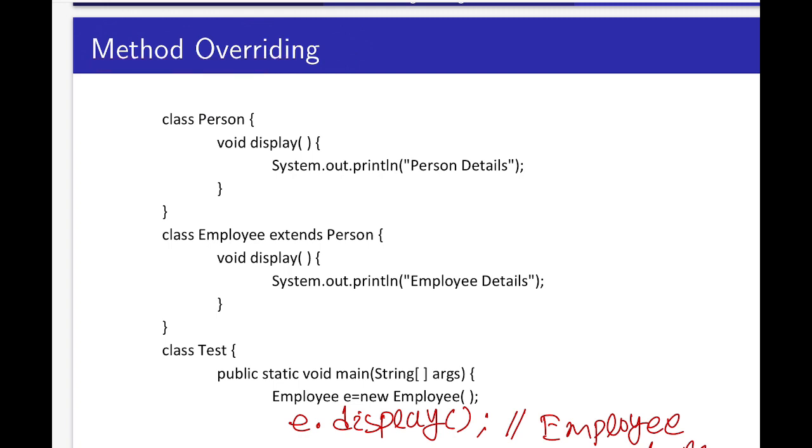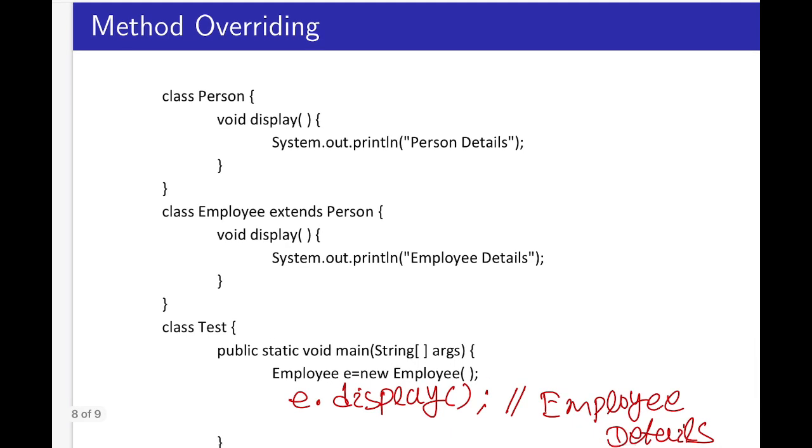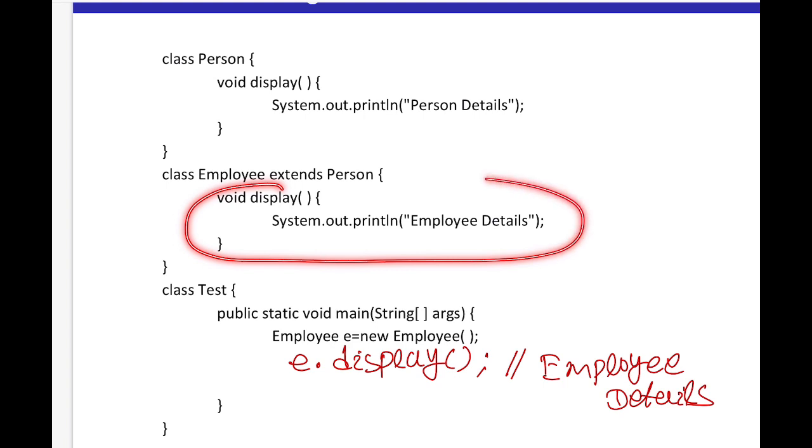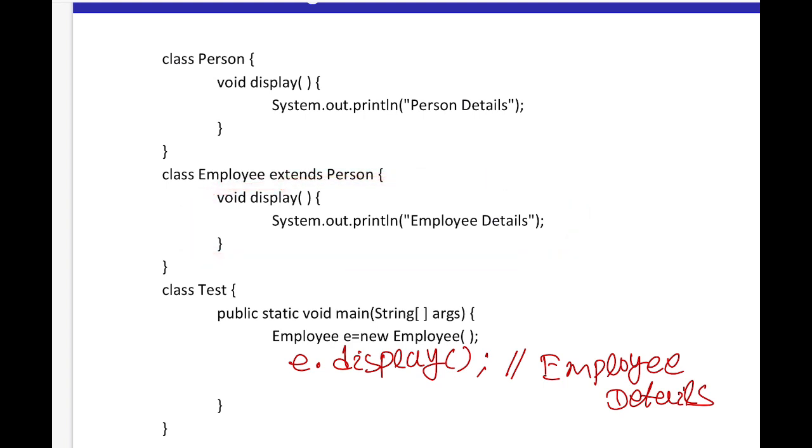That means we redefine the method that is given in the parent class in the child class. This is called method overriding, because we are overriding this display method in the employee class. And when we call e.display, it is going to execute this method only, not this one.